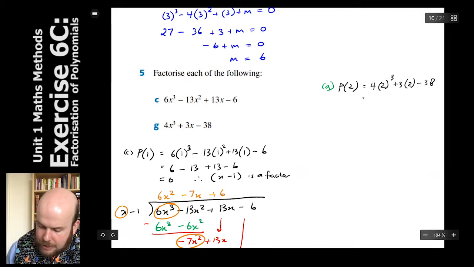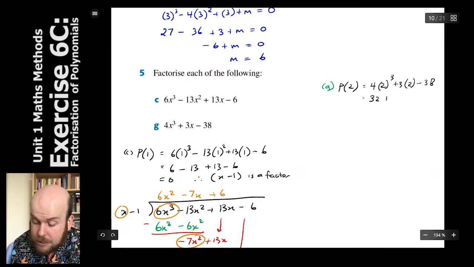Now the reason why I've chosen 2 is that if I was to put a factor here, because 38 can have a factor of 2 and 4 can have a factor of 1, it'd be 2 over 1.